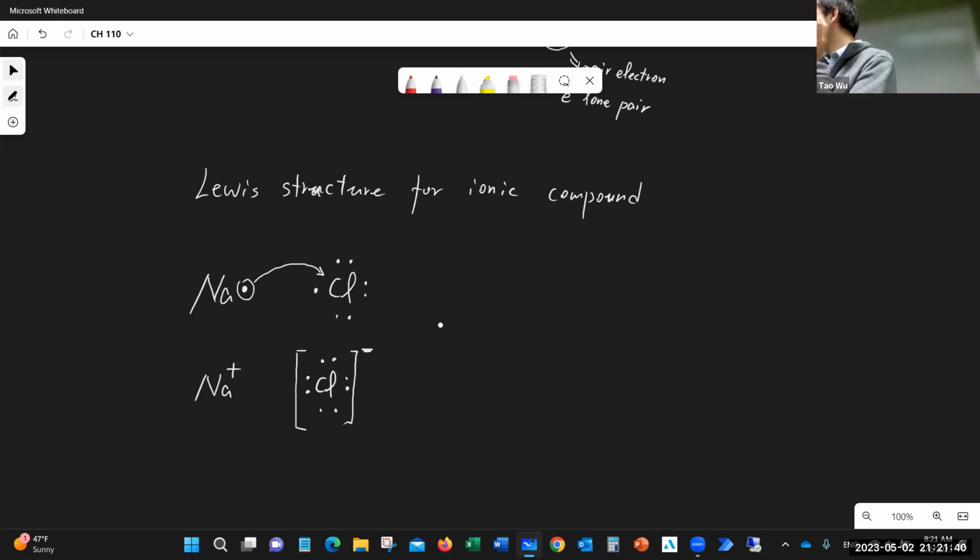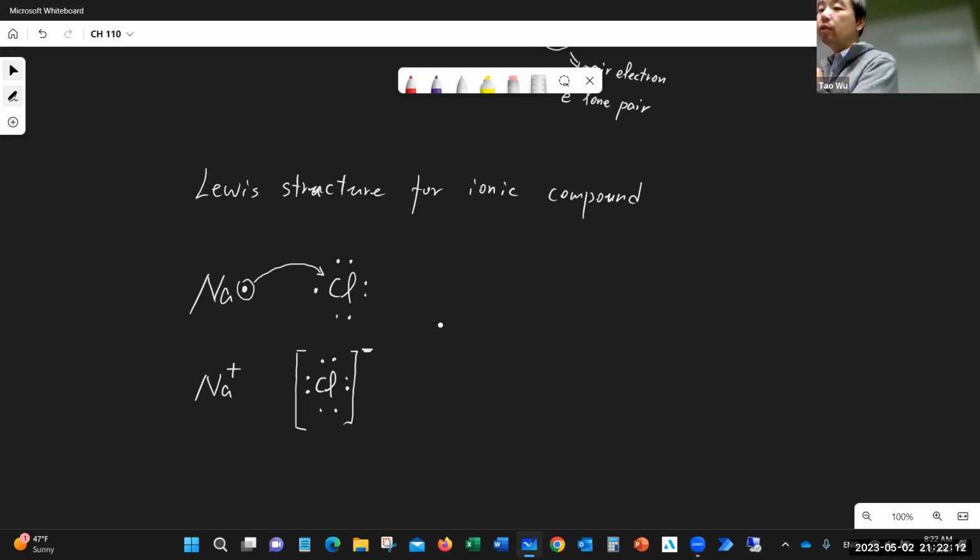At that time, there was no computer, no printer, so everything was handwritten. Some scientists had really bad handwriting, and if they put the dots and the charge all together, it was really hard to identify whether it was the charge or just the dots. So that's why they said, if you have an element that has dots around it, you have to have a bracket to separate the charge and the dots.